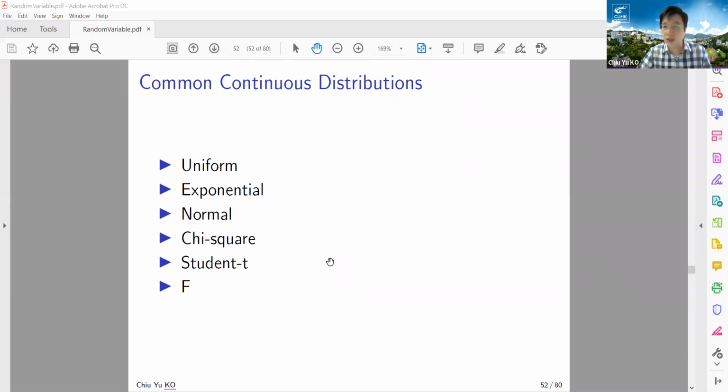Someone just asked me whether the quiz is for grade. No, the quiz is for attendance. The quiz will be just uniform, exponential, and normal. But you should revise for the quiz, because that is the purpose of the quiz. You do some revision and you know more.